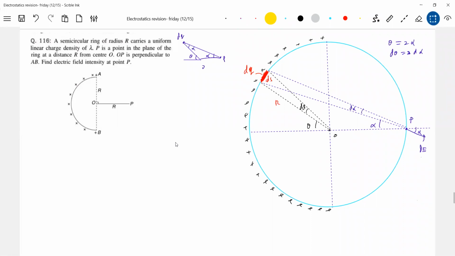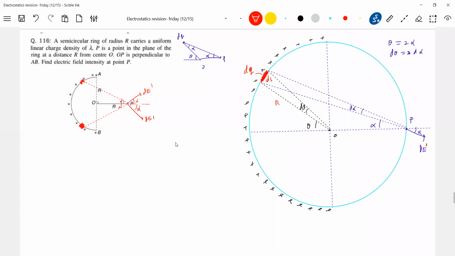If you assume 2 symmetric elements, the net field will be towards right. You can manage with one element also, but better to assume 2 elements. It'll be much easier. So this is dE dash.